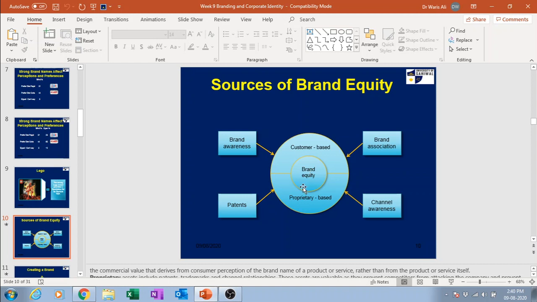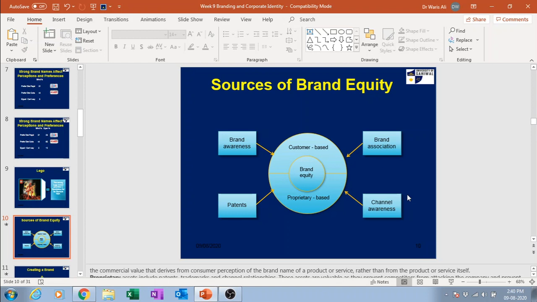Similarly, the brand that you build, you have patented it. Patented means its name has been legalized. Its name has been registered with the regulatory bodies. And the way the brand is portrayed to the consumers, and customers being aware of the channel that you are using to create awareness.